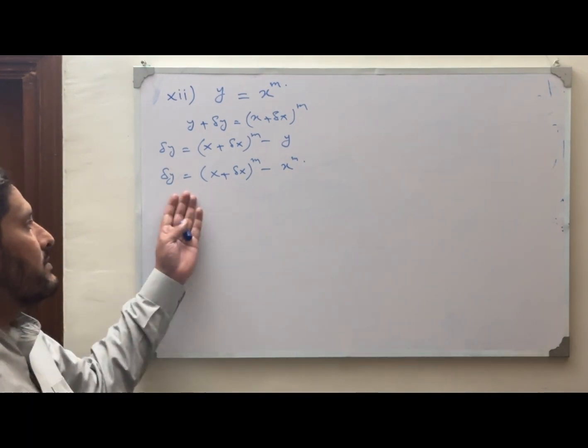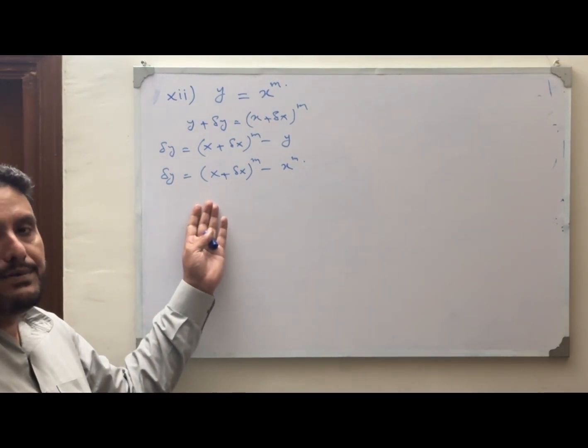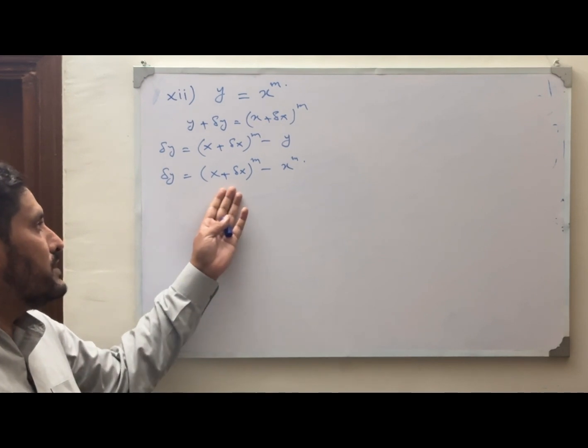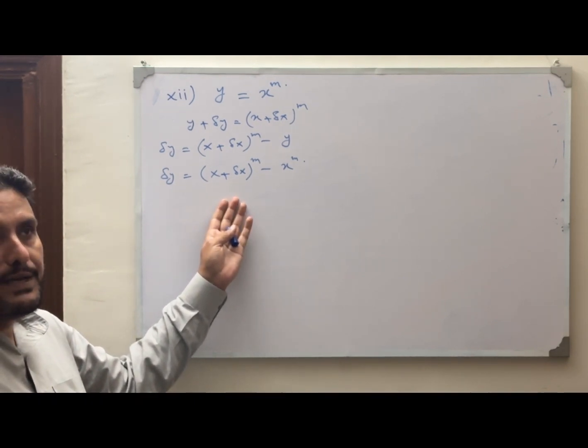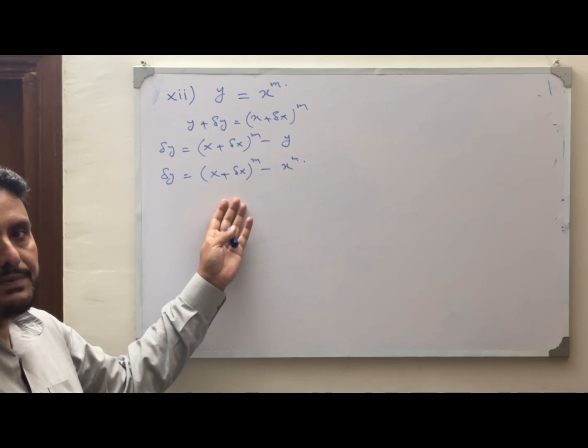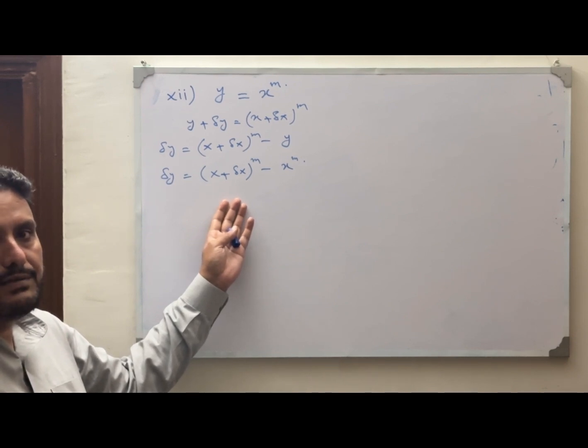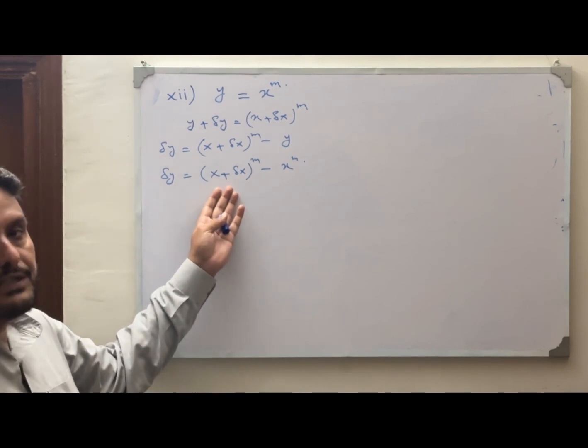So here we have completed step 2, and now we have to simplify this by taking x power m common and converting it into binomial expression, and then by applying the binomial theorem to reduce this term.